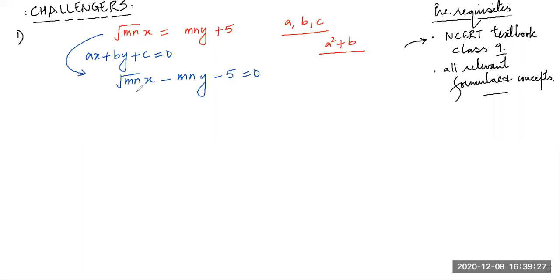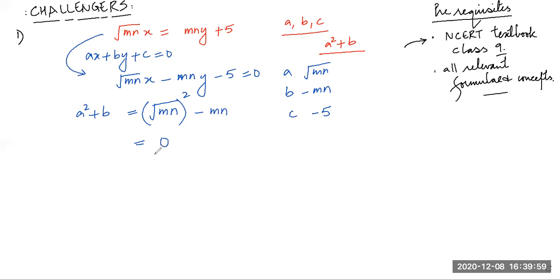From this directly we get a is equal to mn under root, b is equal to minus mn, and c is minus 5. Now it's very simple. We want to find a square plus b, so that is a square, which is mn under root square, plus b, which is minus mn. So this is mn minus mn, which is equal to 0.